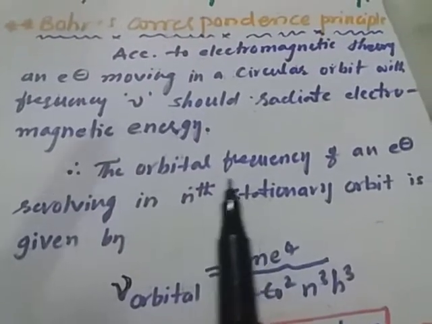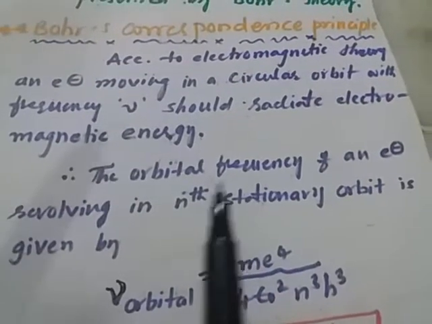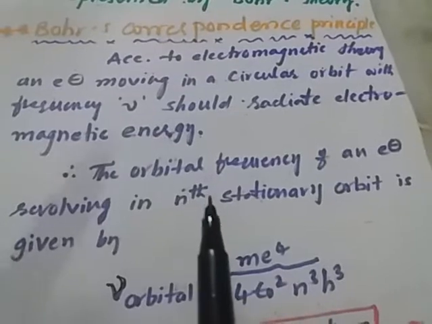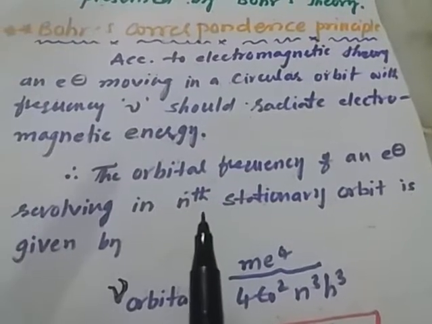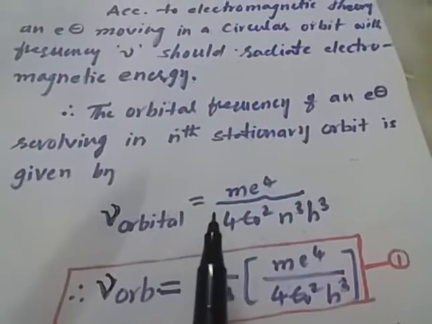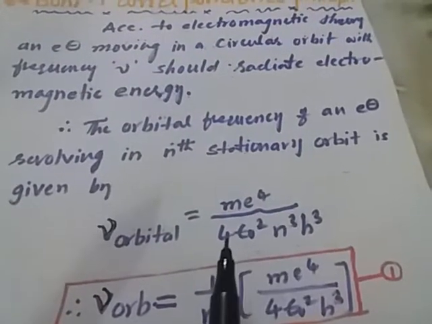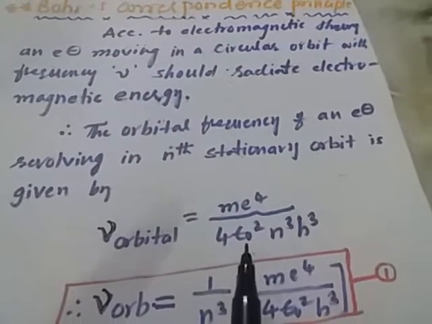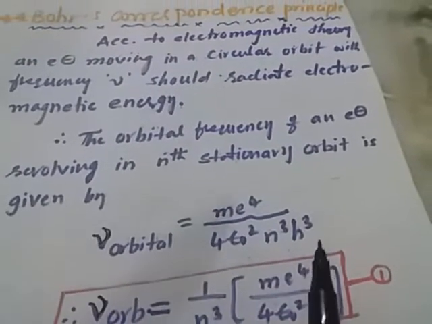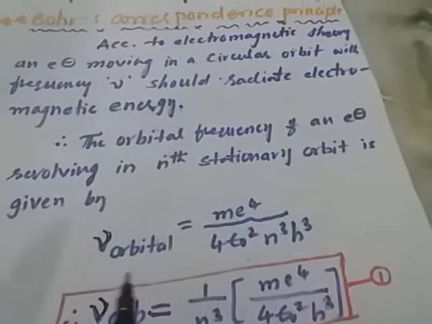When the electron revolves around the nucleus in circular orbits, the frequency in the nth stationary orbit is given by nu orbital equal to m e to the power of 4 by 4 epsilon naught square n cube h cube. This formula is obtained for the hydrogen atom.